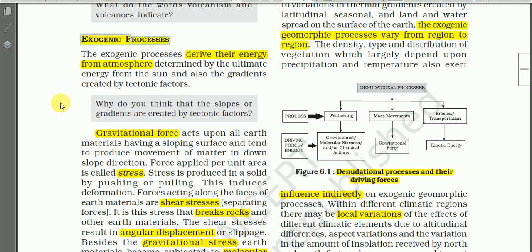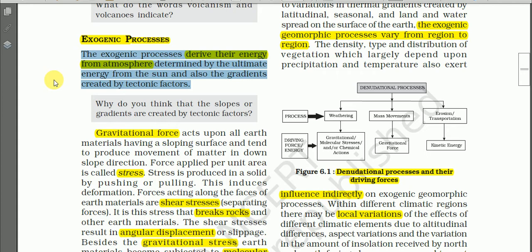Exogenic processes, as you have learned earlier, are the processes acting on the Earth's surface. Here, exogenic processes derive their energy from the atmosphere, determined by the ultimate energy from the sun and also the gradients created by tectonic factors.